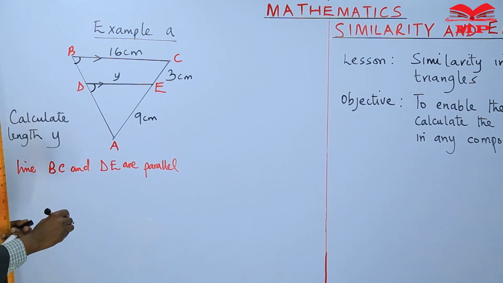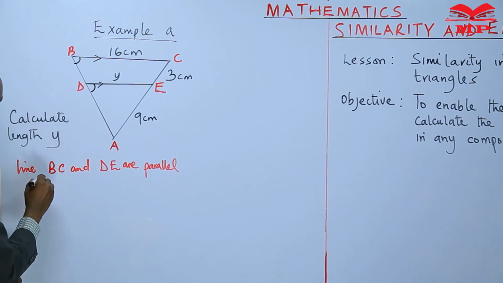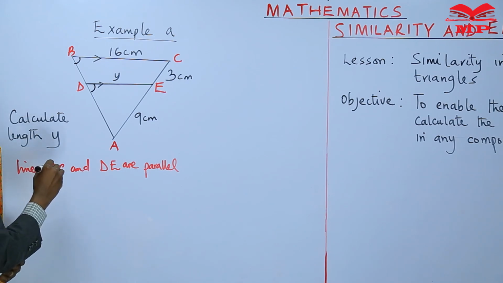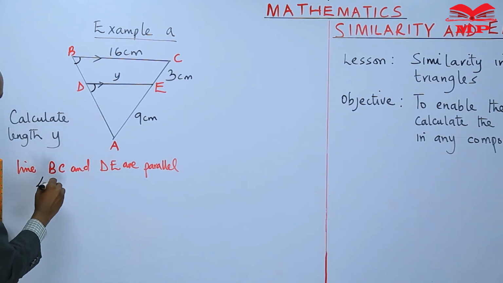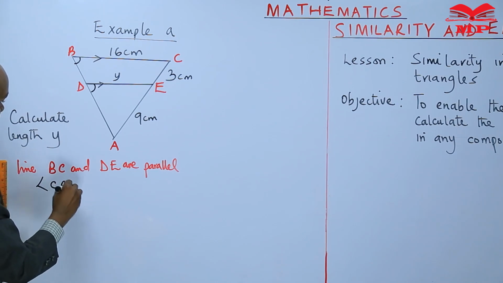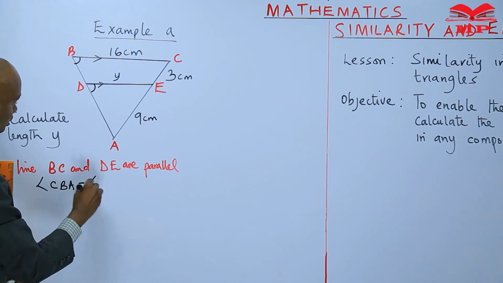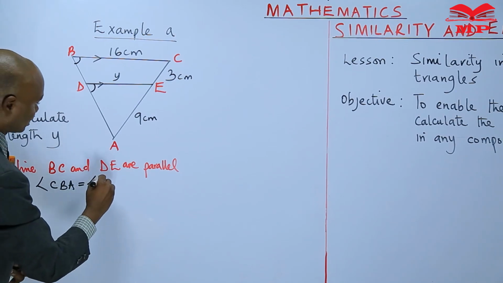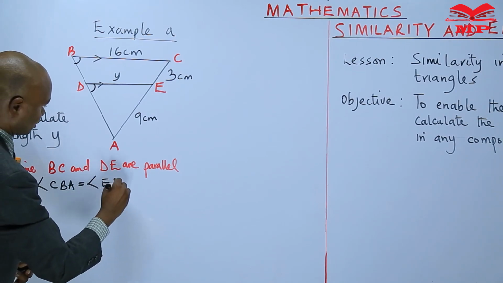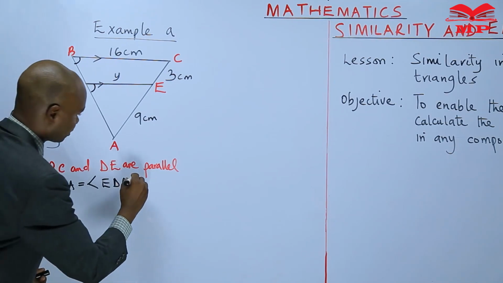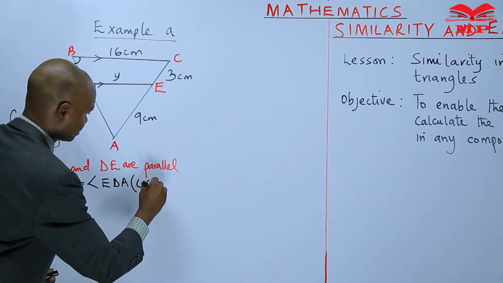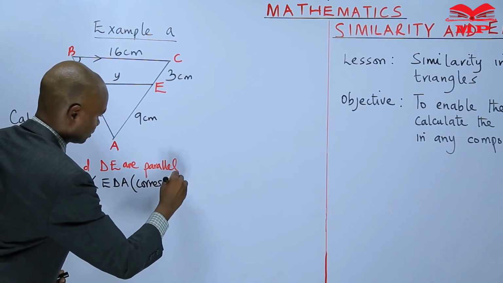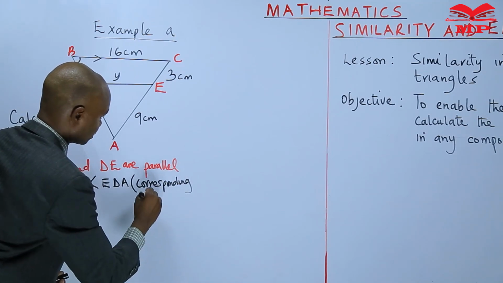So you realize angle CBA will be equal to angle EDA. We call them corresponding angles.